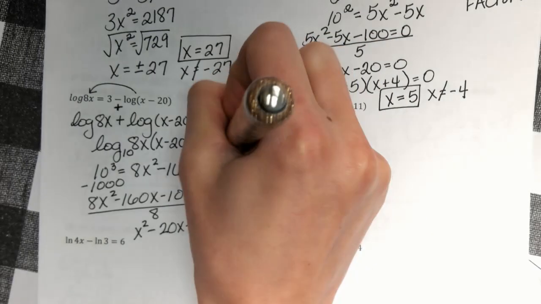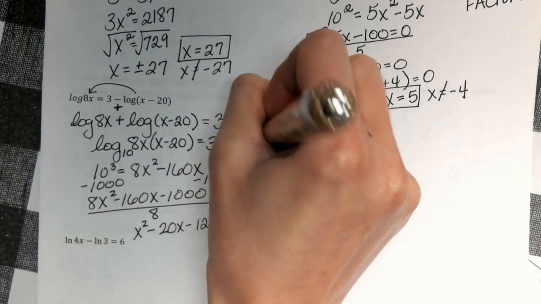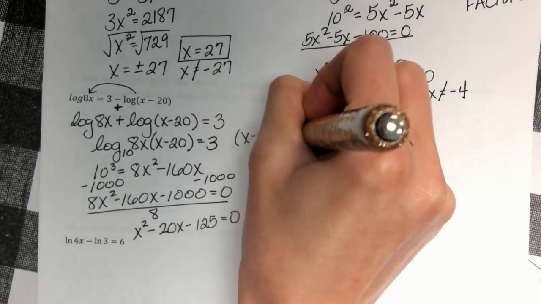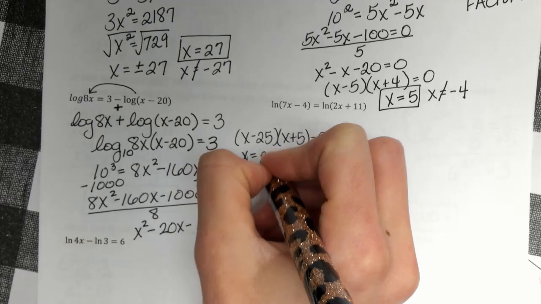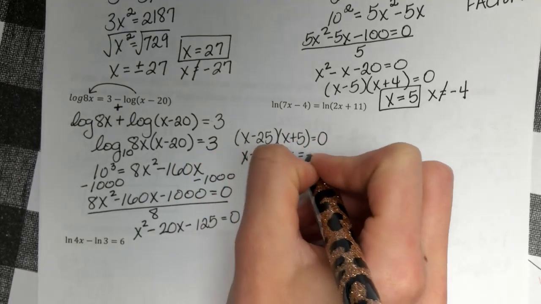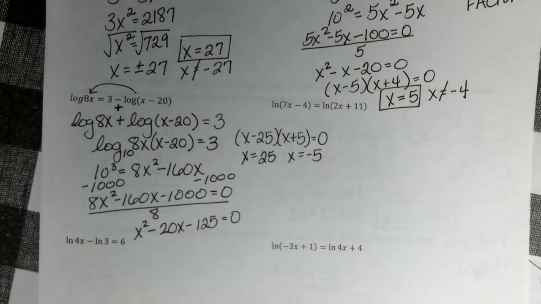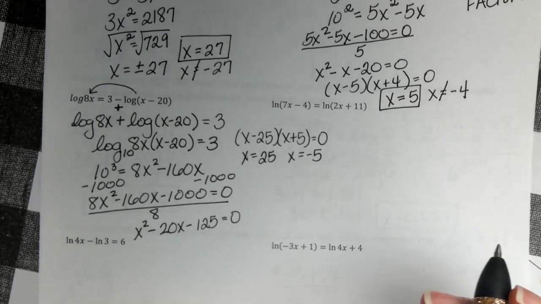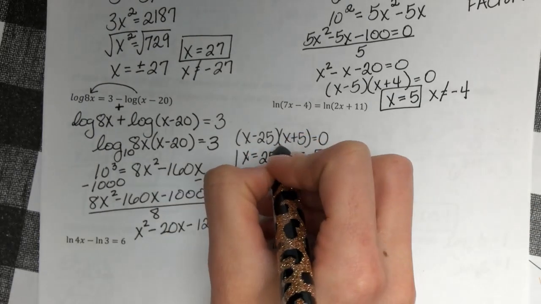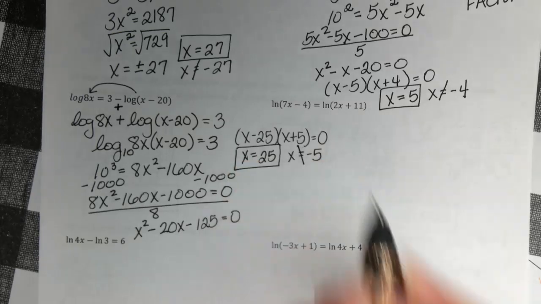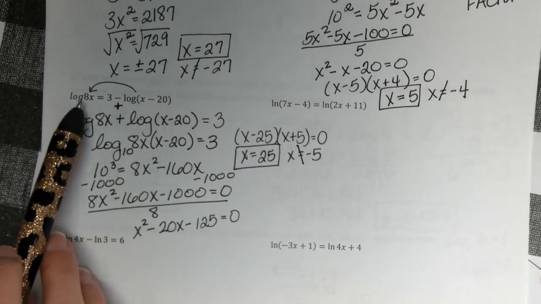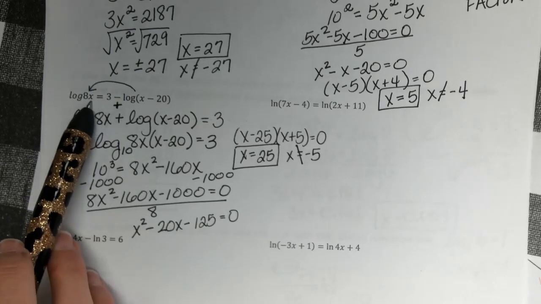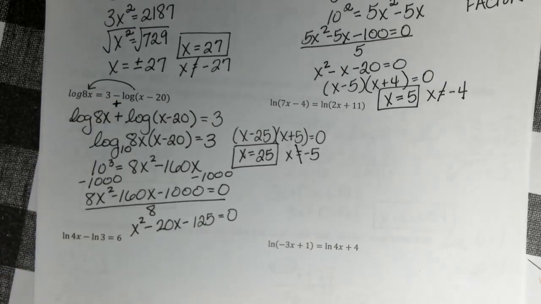So I have (x minus 25)(x plus 5) equals 0. So x equals positive 25 and x equals negative 5. 25 would be my answer, negative 5 would be extraneous because it would make it a log of a negative 40, which we can't have.